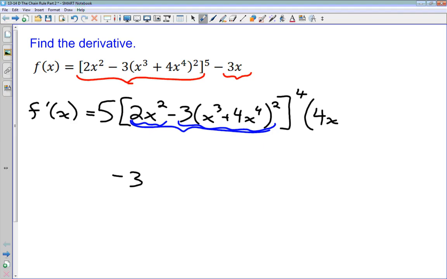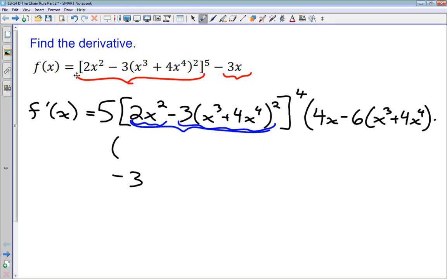So the chain rule says we bring down the 2, multiply it by the 3, so that'll give us a negative 6. Keep the inside part the same, x cubed plus 4x to the power of 4. Subtract 1 from our exponent, we'll just have a 1, and then multiply by the derivative of what's inside. What is the derivative of that thing that is inside?